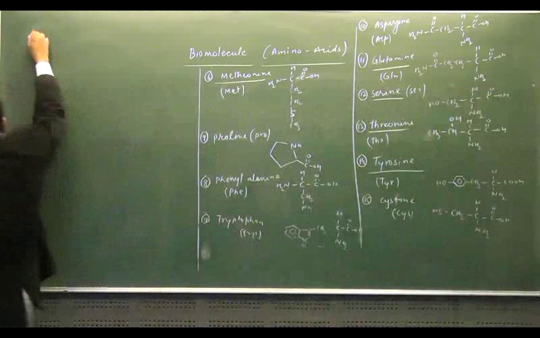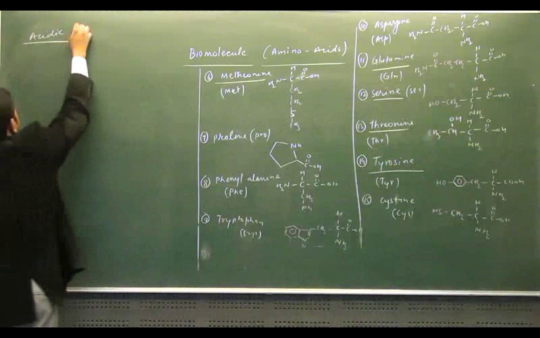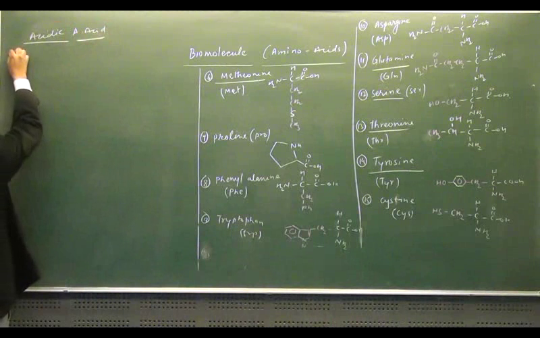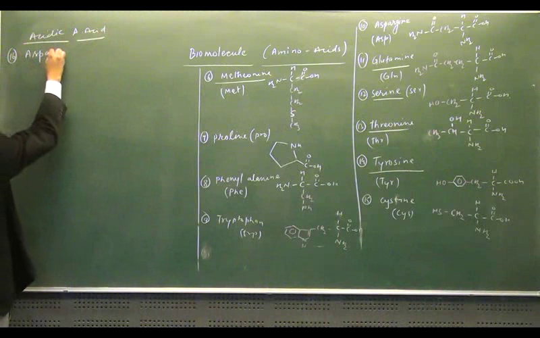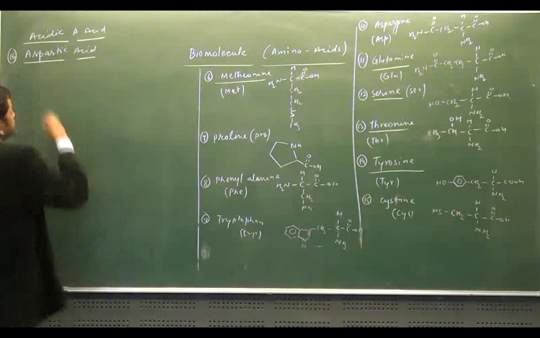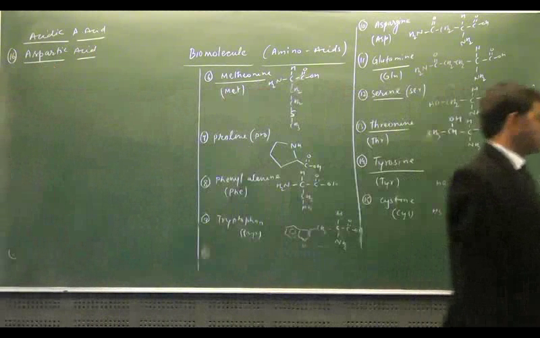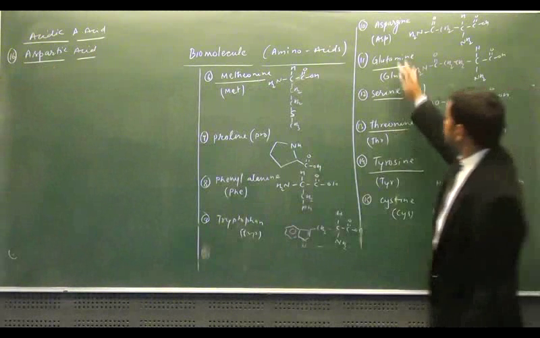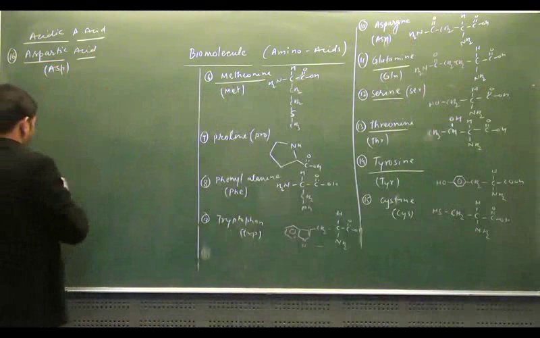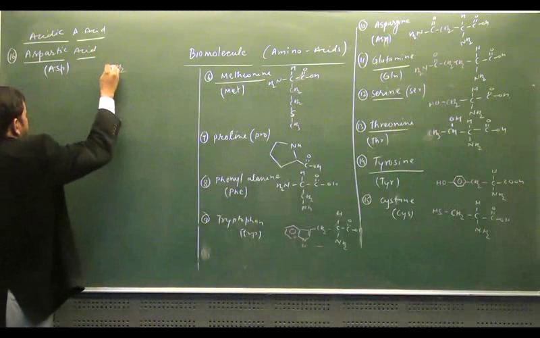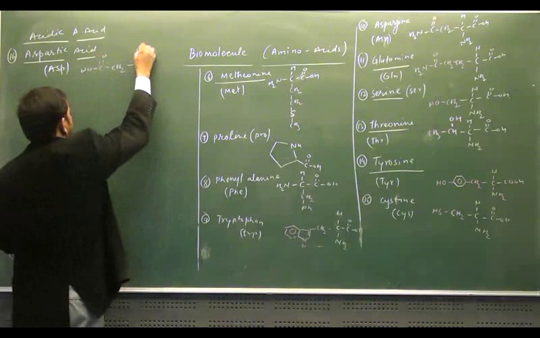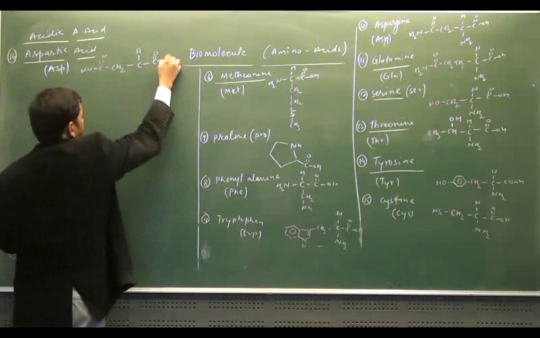One is aspartic acid, ASP. Side chain it is CH2COOH, CH, COOH NH2.